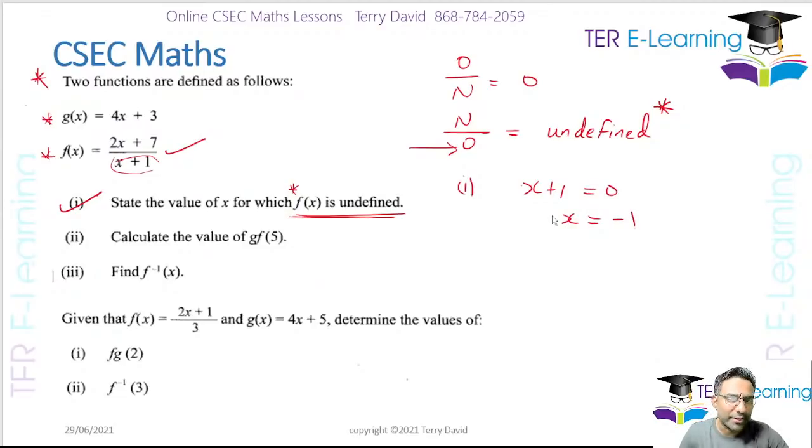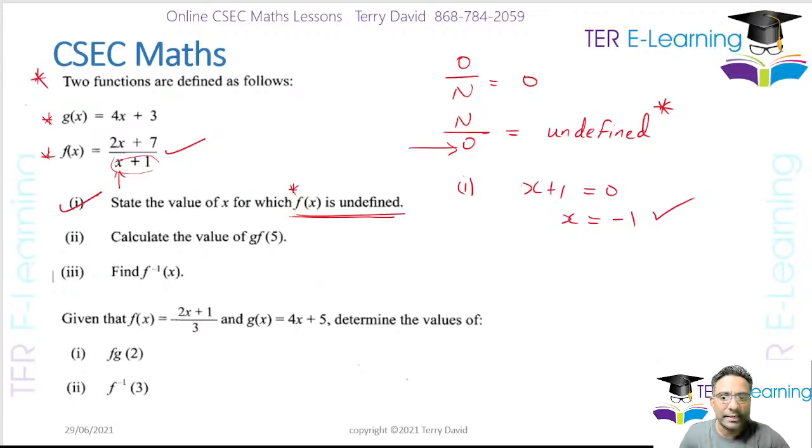What you're really trying to do is find the value of x such that when I plug it into the denominator, I get 0. The only way that will happen is if x is minus 1, because minus 1 plus 1 gives 0. So the value of x for which the function is undefined is minus 1. That's my answer. They bring this particular question ever so often, so please make sure you know how to do this.